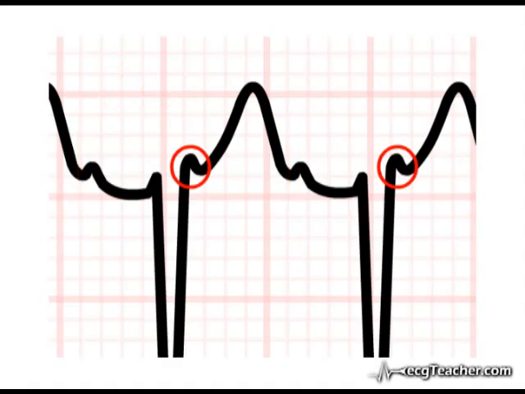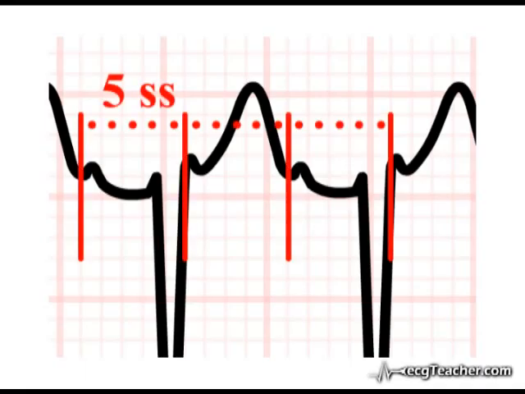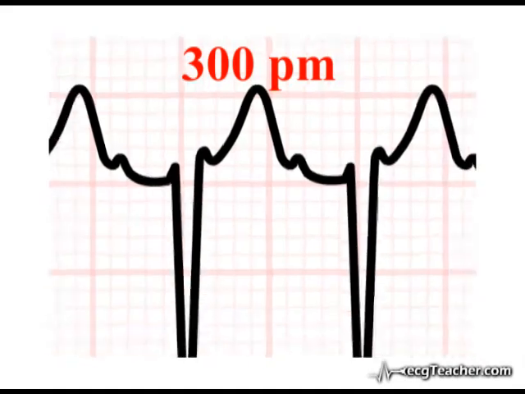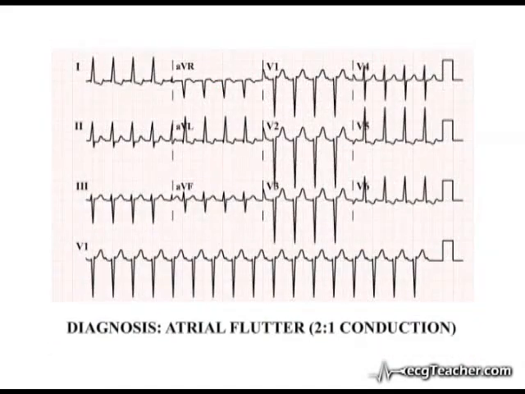It is of the correct orientation and represents P wave activity fused with the terminal portion of the QRS complex. So atrial depolarization is occurring at a rate of once every large square, that is 300 times per minute. This is atrial flutter with 2-to-1 conduction.